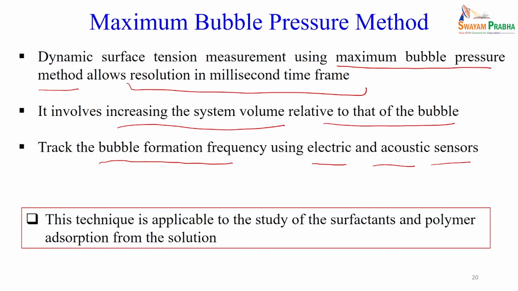So, we should be able to calculate the surface tension and interfacial tension with the Young-Laplace equation. This technique is mostly used for surfactant and polymer solutions, where adsorption of surfactant and polymer is taking place at the interface.